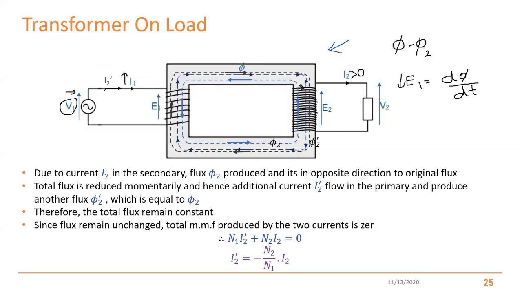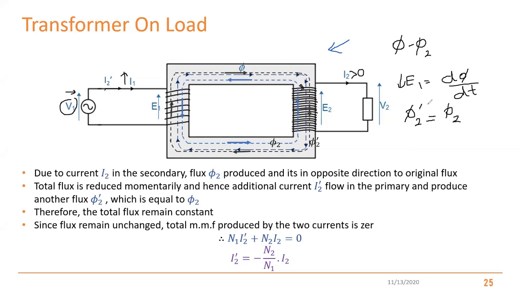Therefore another magnetic flux is produced in the core, phi-2 dash. This additional current neutralizes the flux produced by the secondary. In other words, phi-2 dash is produced in such a way that phi-2 dash equals phi-2.